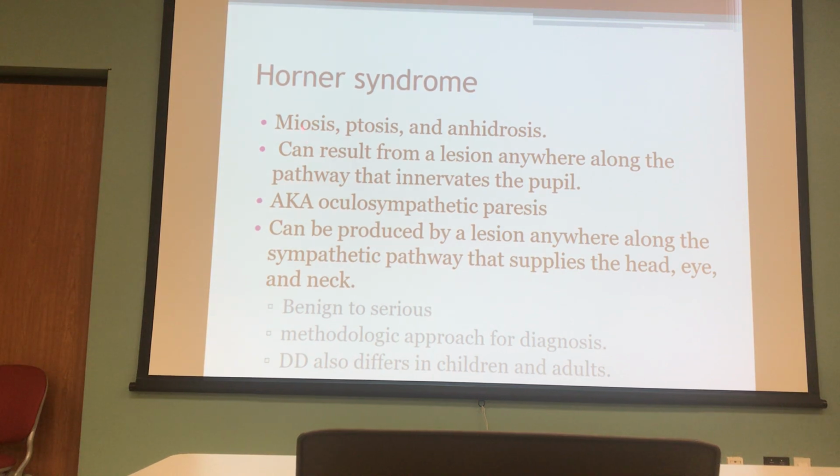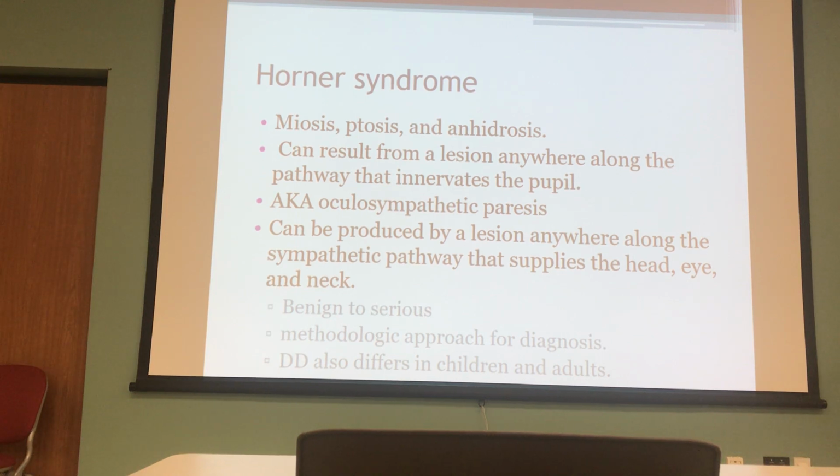Getting tired. So meiosis, ptosis, and anhidrosis is basically one eye that doesn't sweat. The ptosis is the lid drooping, and the meiosis is basically one pupil being very small.